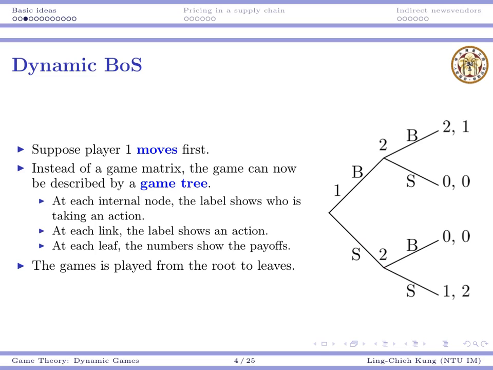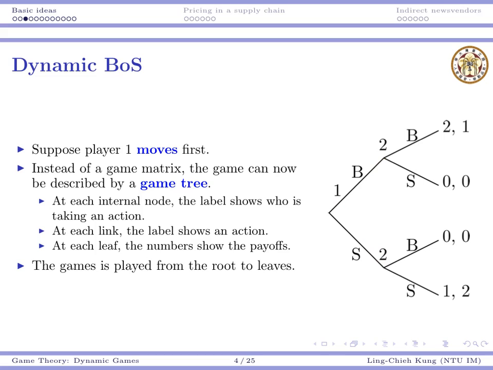Because we say player 1 moves first, the first internal node tells us that player 1 moves first, and player 1 may choose B or S. And then it comes to player 2's turn. In either case, player 2 first observes what has been chosen by player 1.